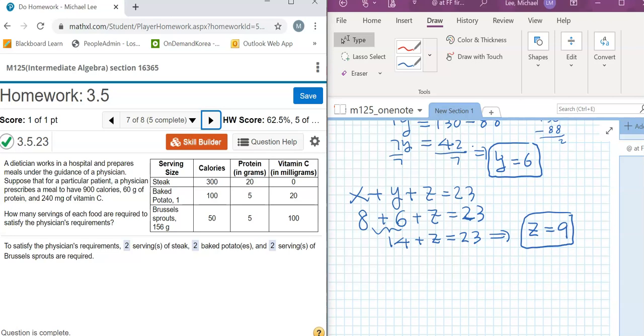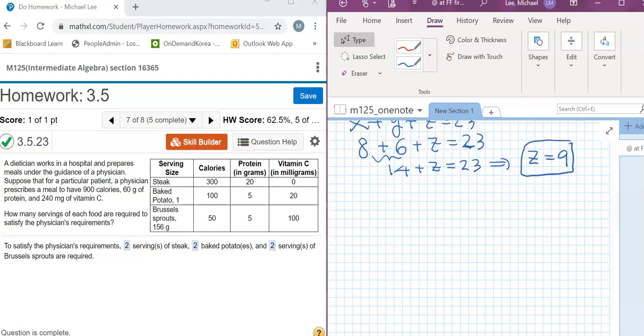You have 3 types of foods: steak, potato, and Brussels sprouts, and each one has a number of calories, proteins, and vitamin C. Now, how to handle this question?